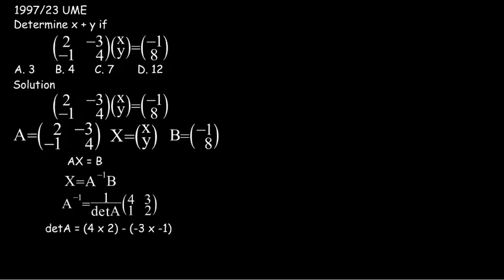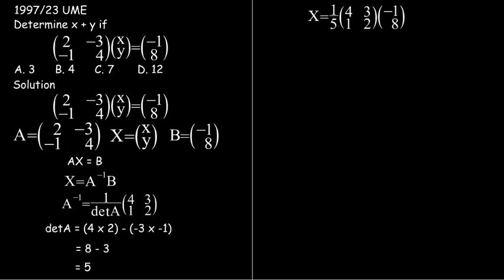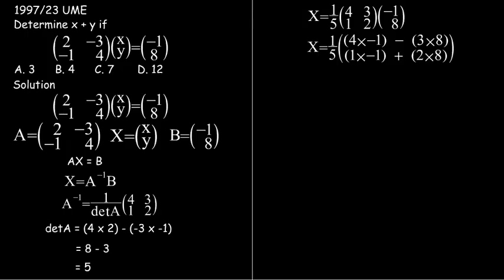and our determinant of A will be equal to 4 times 2 in bracket minus 3 times minus 1, which will be equal to 8 minus 3, which is equal to 5. So substituting, X will be equal to 1 over 5 matrix [4 3; 1 2] matrix [-1 8], and multiplying both matrices, X will be equal to 1 over 5 matrix [4 times -1 in bracket, 3 times 8 in bracket; 1 times -1 in bracket plus 2 times 8 in bracket].